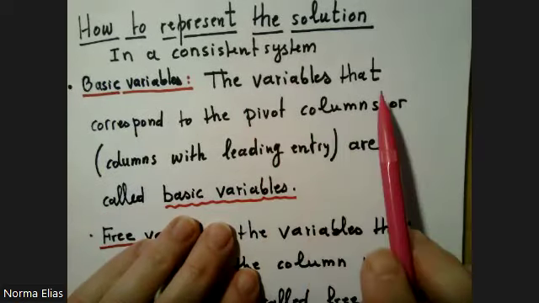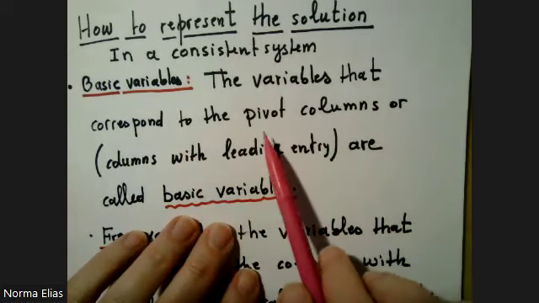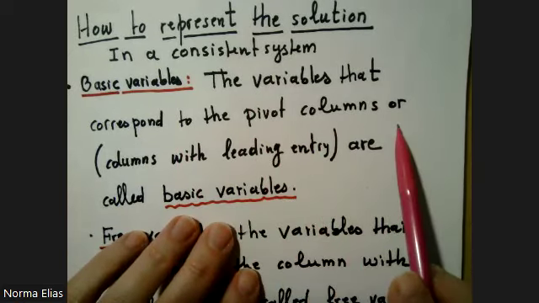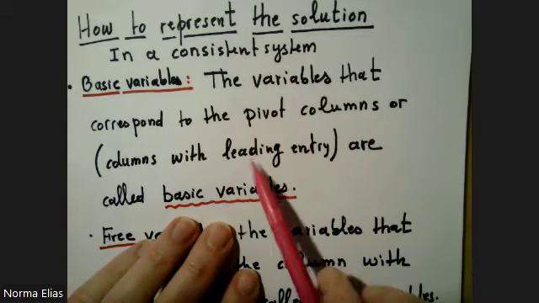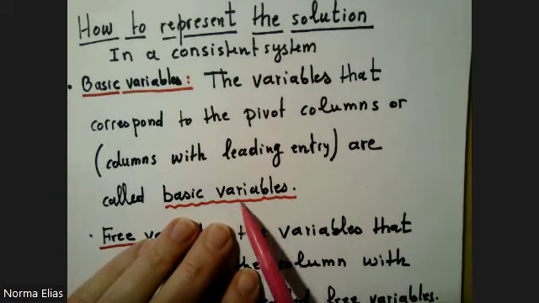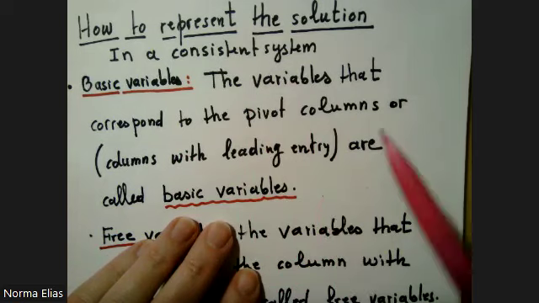The variables that correspond to the pivot column, or the column with leading entries, are called the basic variables. And here I am talking about the augmented matrix.